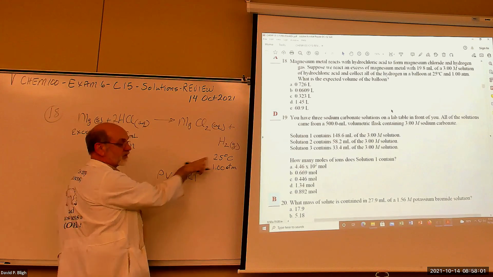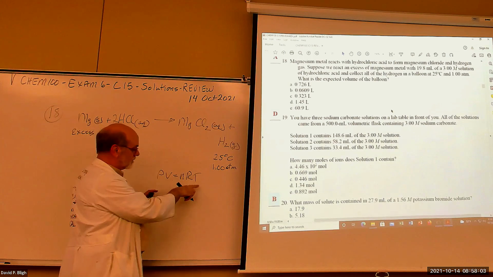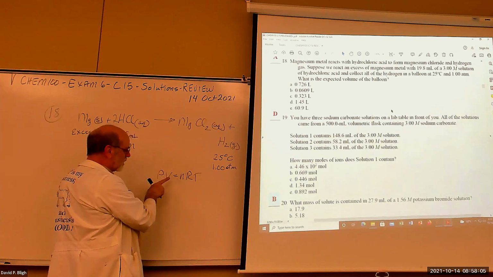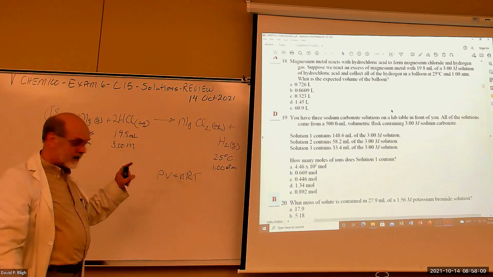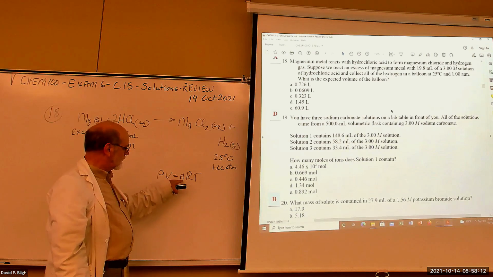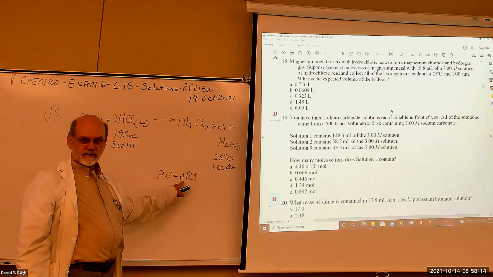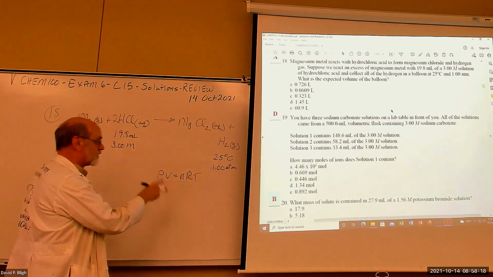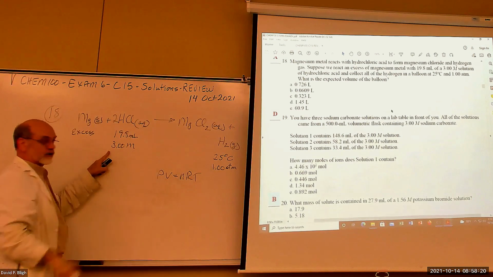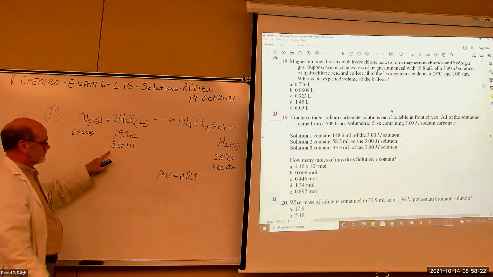Temperature is given, we just have to convert that to Kelvin. Volume is our unknown, pressure is 1 atmosphere. We can solve it as long as we find out the number of moles of hydrogen gas. So we work back here, we're doing stoichiometry now.